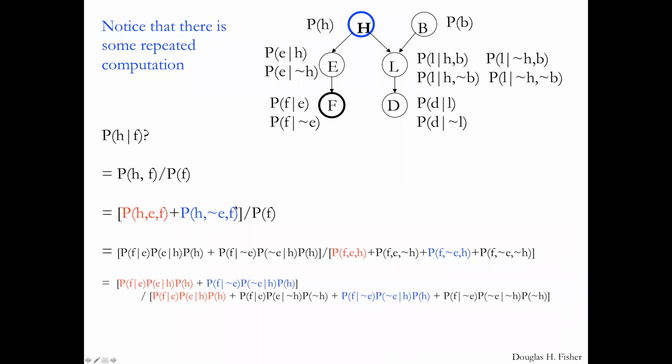In the numerator, I computed this joint probability, and in the denominator, I will compute it later. And so techniques that cache results are one way of making this inference procedure more efficient so that we don't have to do repeated computations.